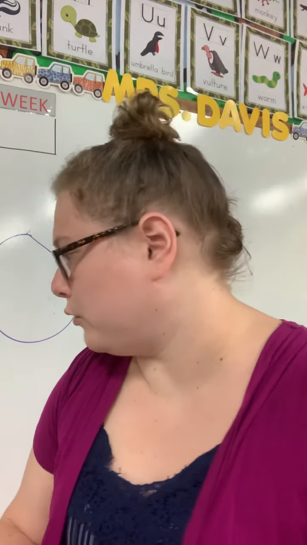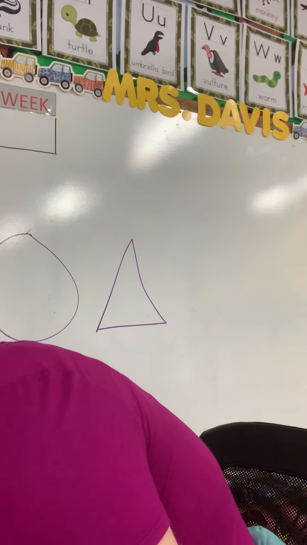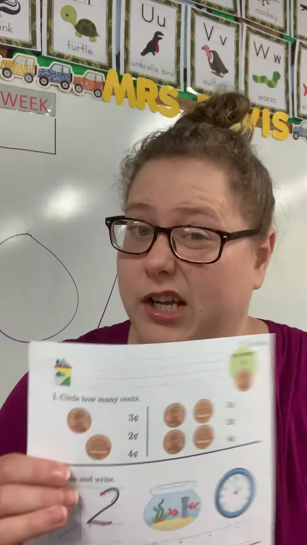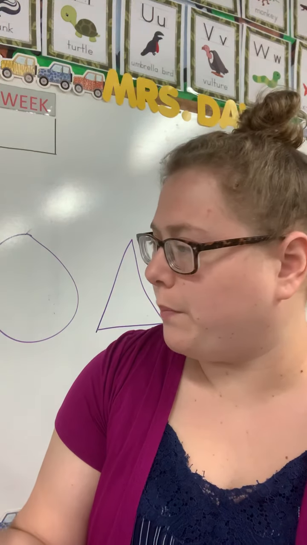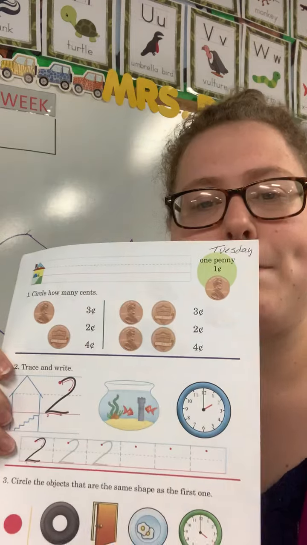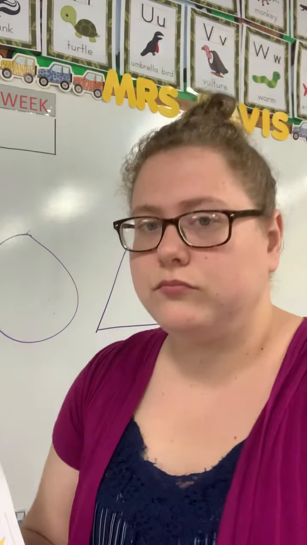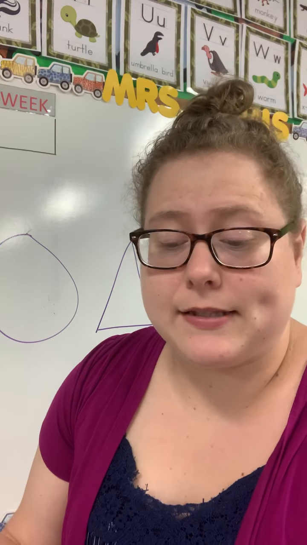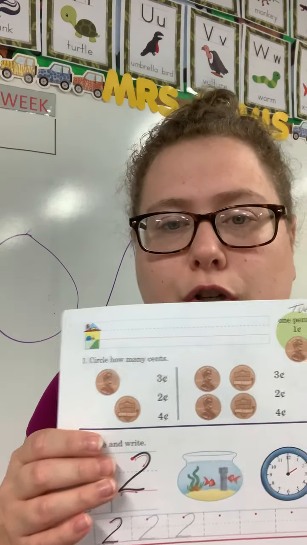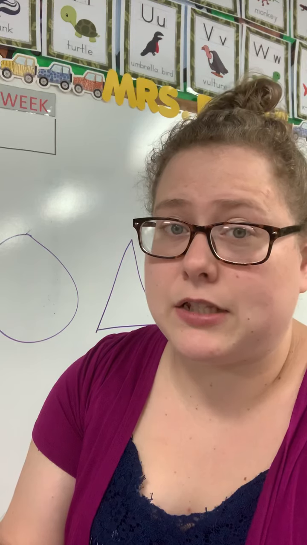Okay, so the worksheet. You ready? Okay, so pull out page number 9. That's labeled for Tuesday for me. So the first part says, circle how many cents there are.